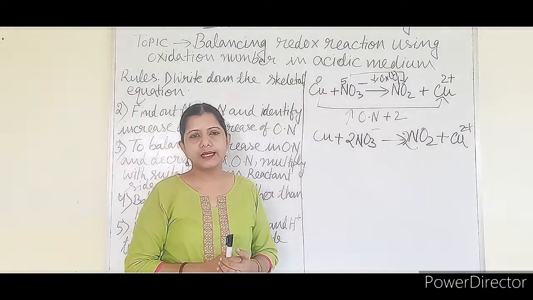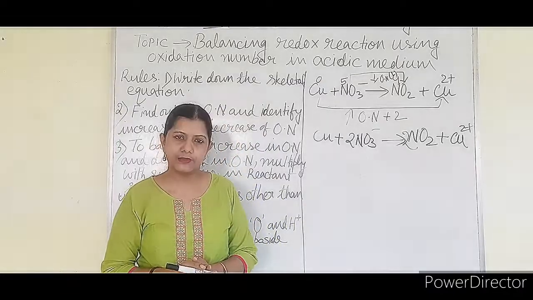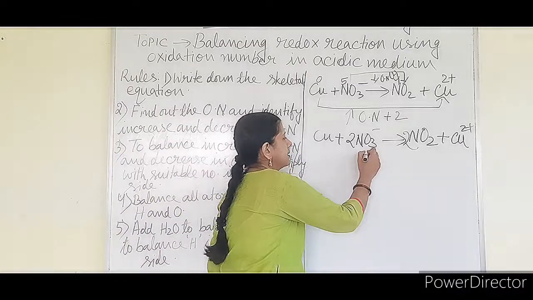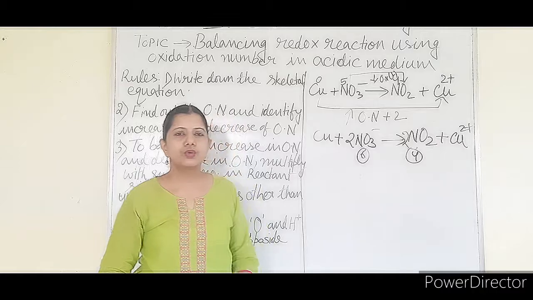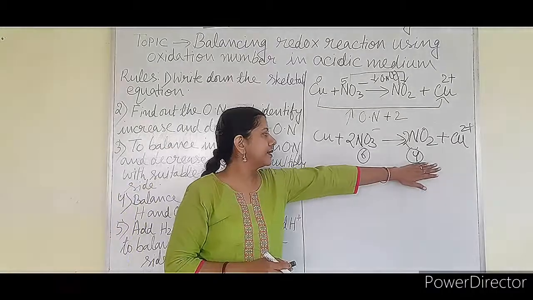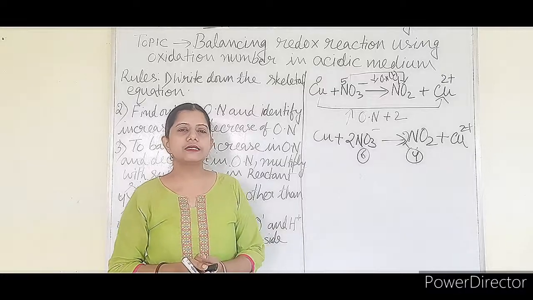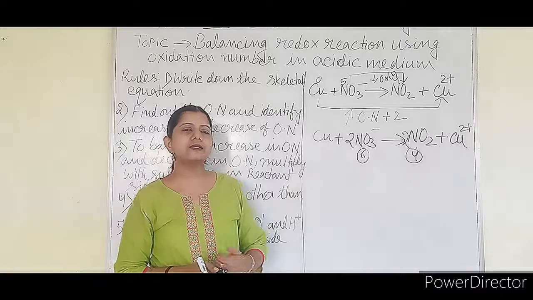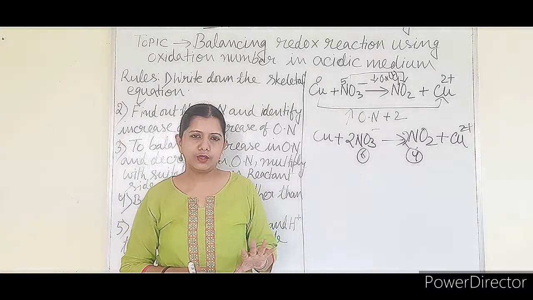What is my next step? My next step is to balance the number of oxygen. So what is the number of oxygen? This side it is 6 and this side it is 4. So where is the deficiency? In the product side there is deficiency. How much deficiency? 2 oxygen is deficient. So in the deficient side I have to add that many water molecules.